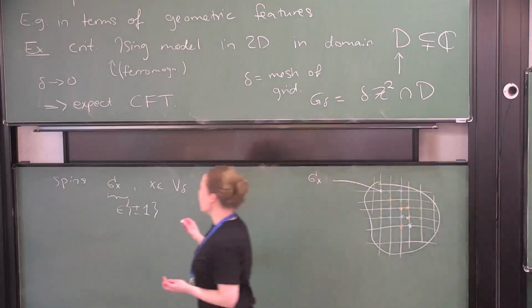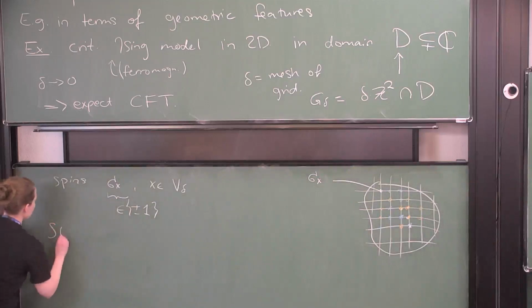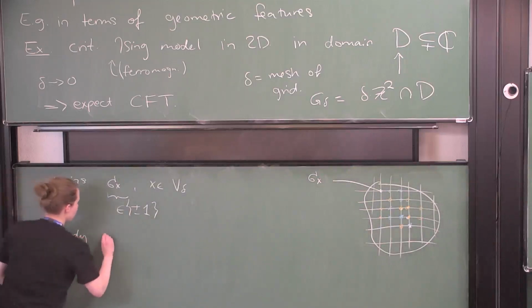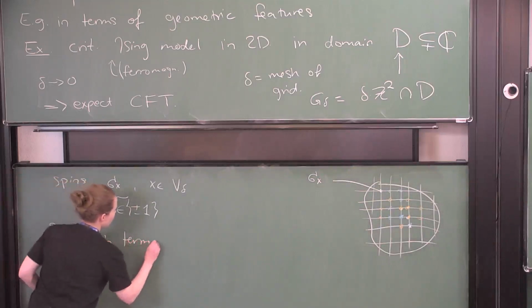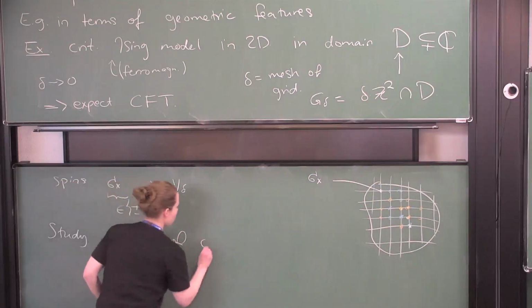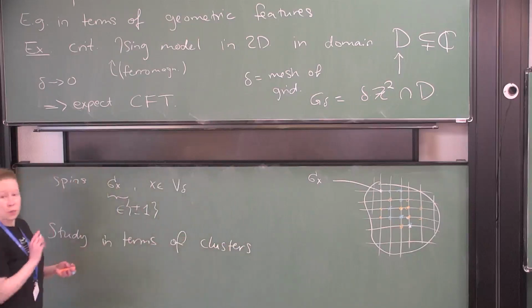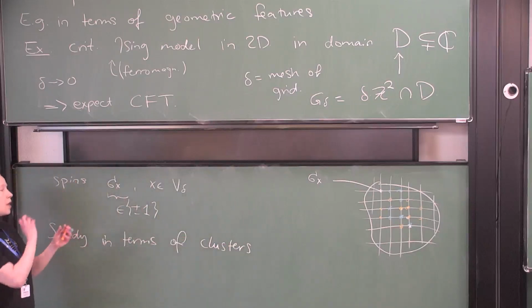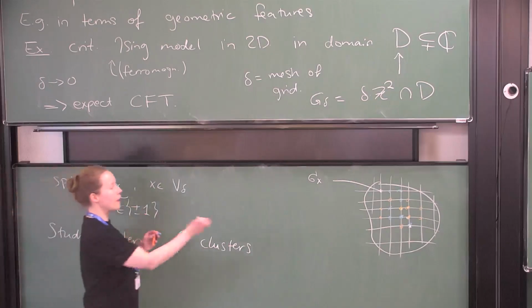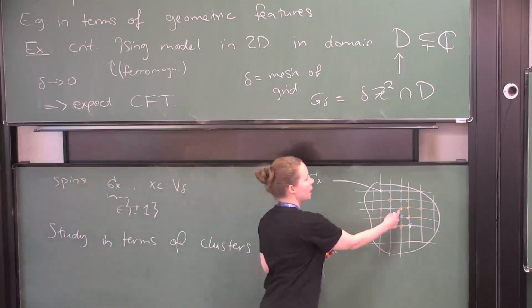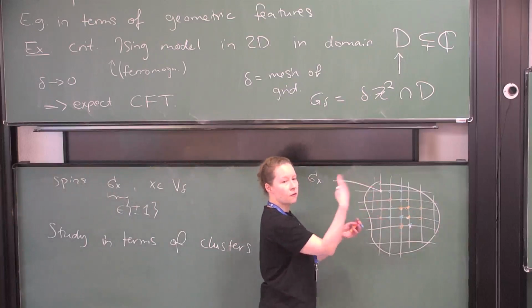We can study this model in terms of clusters, or actually just boundaries of clusters, because then if you know all cluster boundaries and you know the spin value somewhere, then every time you cross a cluster boundary, you flip the sign, right?